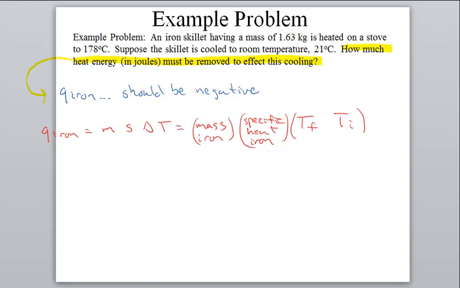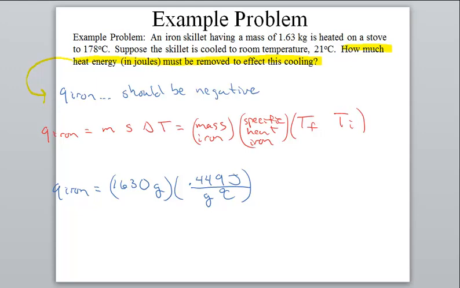Those units in the specific heat tell us what units our variables should be in, so the mass of iron needs to be in grams, and the temperature needs to be in Celsius. Temperature's already in Celsius, but the kilograms of iron need to be converted into grams. 1.63 kilograms of iron, well, 1,630 grams of iron.